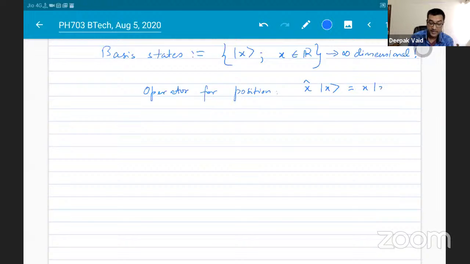It just gives us the eigenvalue, which is simply X. So if on my real line my particle is at X equal to, let's say, 10 centimeter, then I act on this with this operator, and what do I get? The answer is 10 centimeter. This is my position.